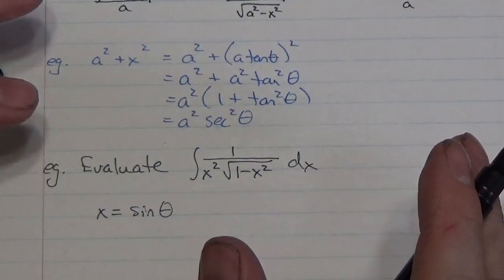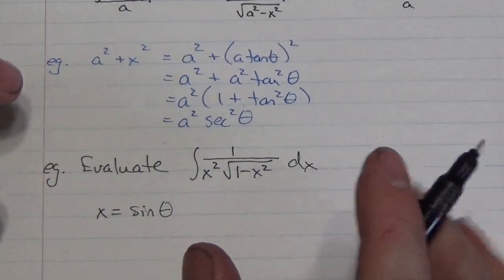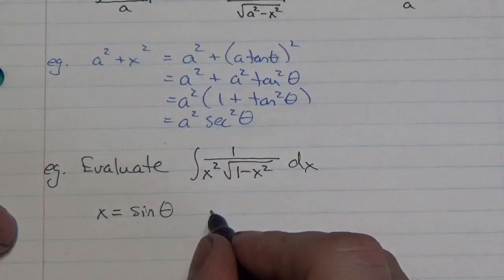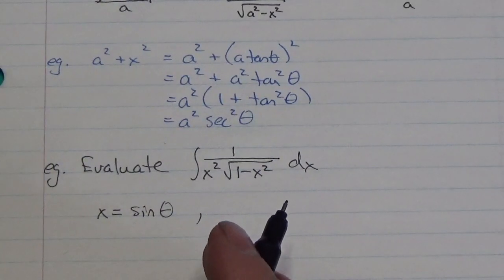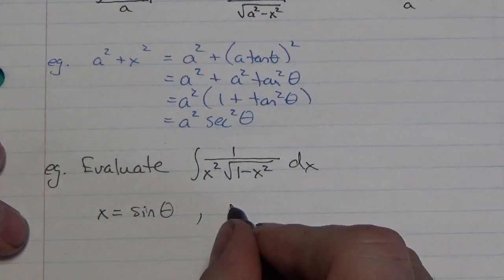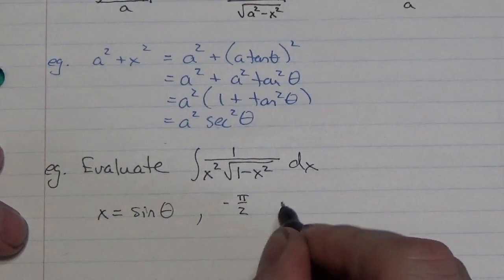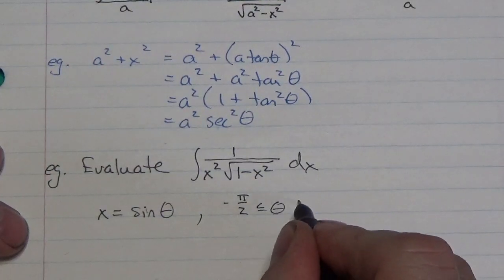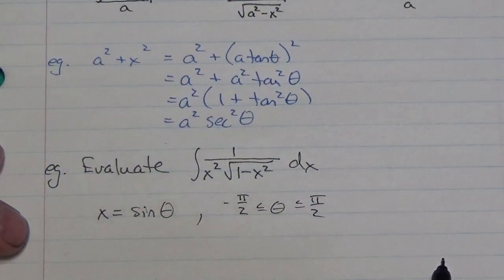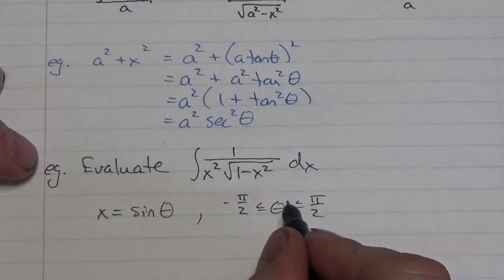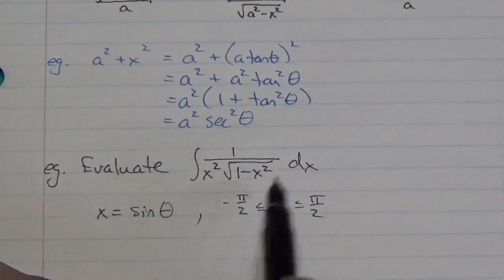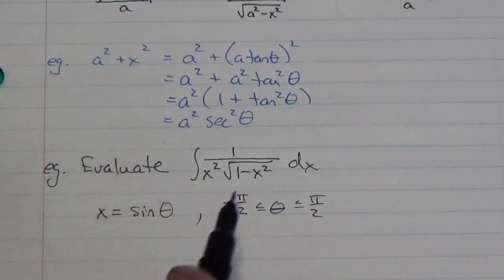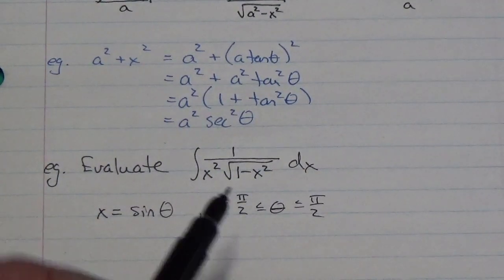Okay? Now, with the stipulation here that theta is going to be restricted, okay? Theta is going to be between negative pi over 2 and pi over 2. Now, just to be clear as to what I'm doing right here, there is a restriction implied in this expression right here. Notice that, and I'll change the color here.